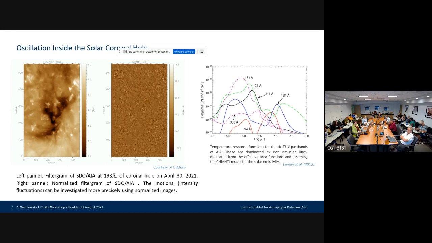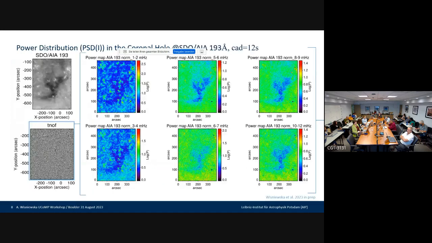So we thought that maybe this could give us some signal in a Fourier transform, because we are interested in how it oscillates around the coronal hole, and what the spatial distribution of the oscillation is. So I calculated the Fourier transform, divided it into some frequency bands, and inverted it back, to get power maps for given frequency ranges.